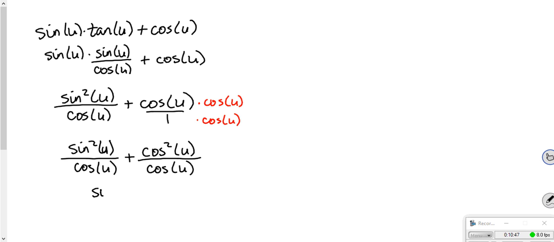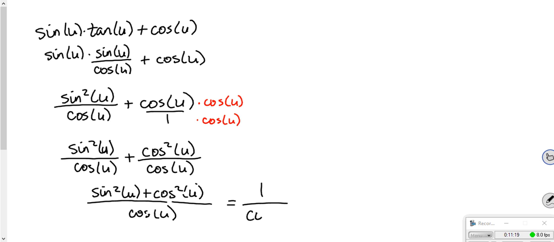So I've got sine squared u plus cosine squared u all over cosine u. Sorry, I've got a couple dead spots on my board, as you all know. Now, sine squared u plus cosine squared u. That's the trig identity we just talked about a problem or two ago. Sine squared plus cosine squared equals 1. Pythagorean theorem. So this is 1 over cosine u, and 1 over cosine u is the trig function secant.